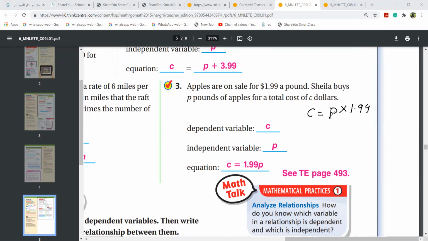So whatever the pounds are, you have to multiply with 1.99. The pound is independent and the cost is dependent. And the equation is C equals 1.99p.